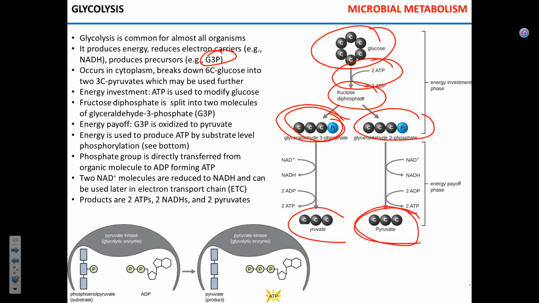Now in that oxidation, the electron that comes from glyceraldehyde 3-phosphate is captured and carried by NAD. So when NAD gains that electron, what happens to NAD? When a molecule gets the electron, it is reduced. So NAD is reduced while glyceraldehyde 3-phosphate is oxidized. Does that make sense? And the final product of glycolysis is pyruvate.